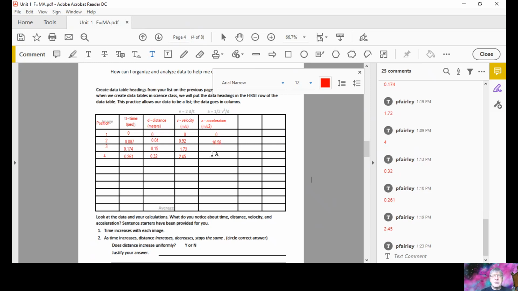And that, again, is measured in meters per second squared, or velocity per second, or change in velocity is what we're really talking about here. How much is the velocity changing? That's what we mean by acceleration.